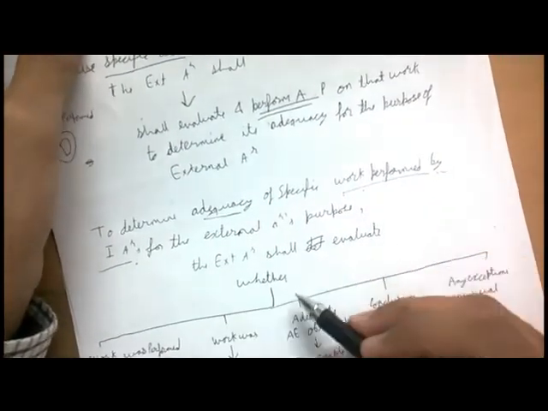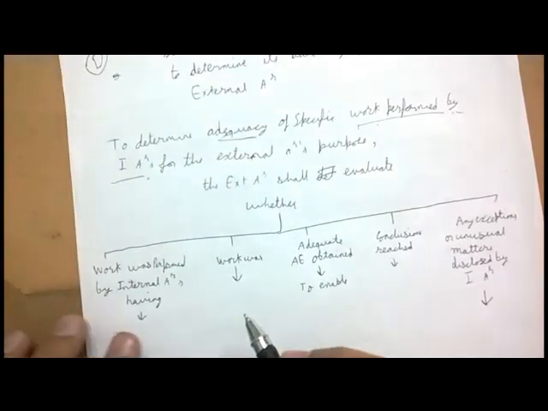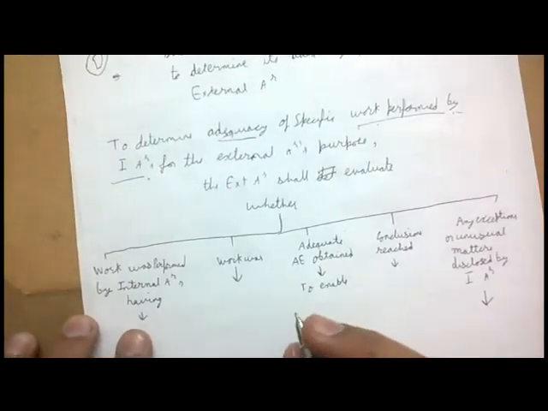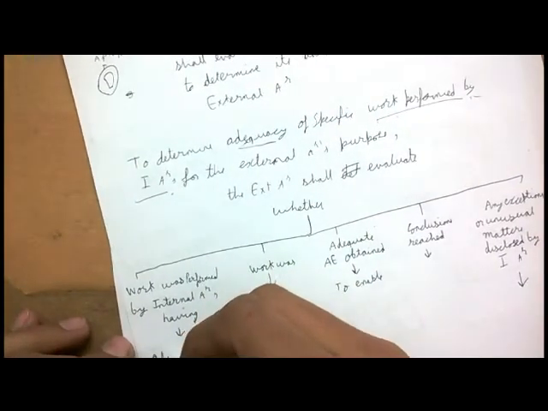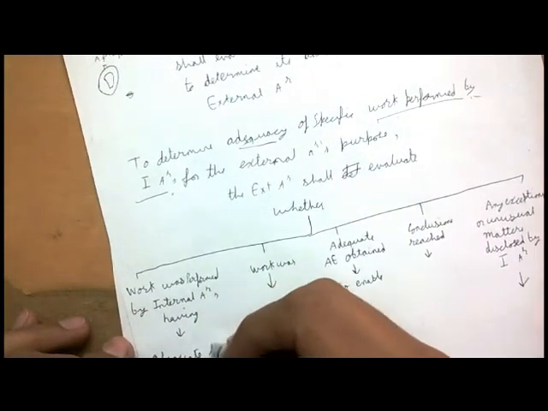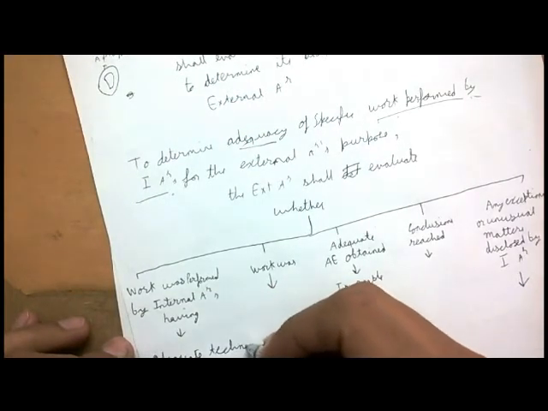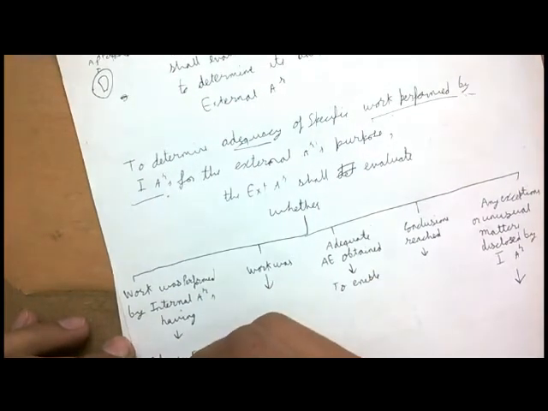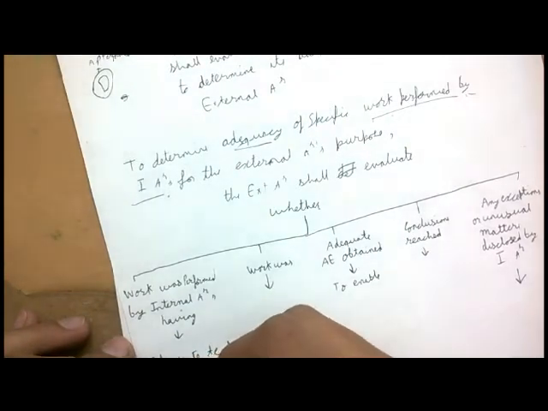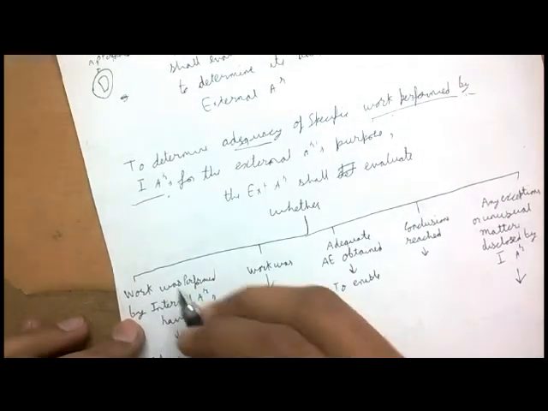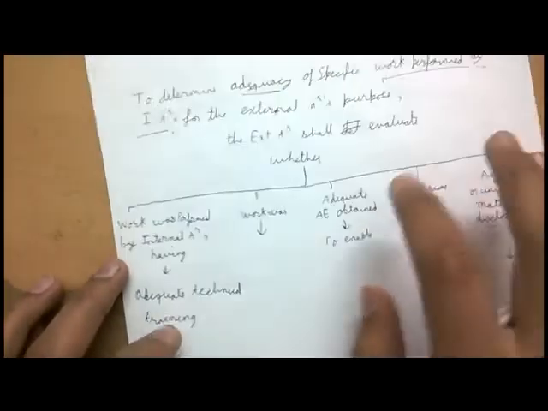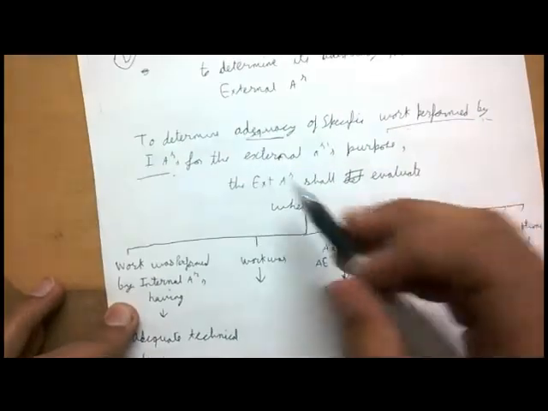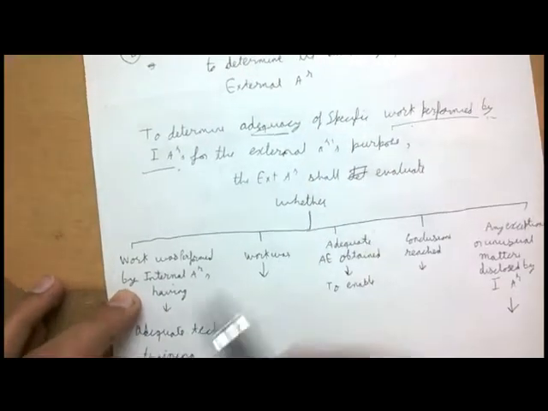The external auditor shall evaluate these 5 things: whether the work was performed by an internal auditor who is having adequate technical training. The work has been performed by the internal auditor, and whether he is having adequate technical training or not, by this way we can determine the adequacy of this work.